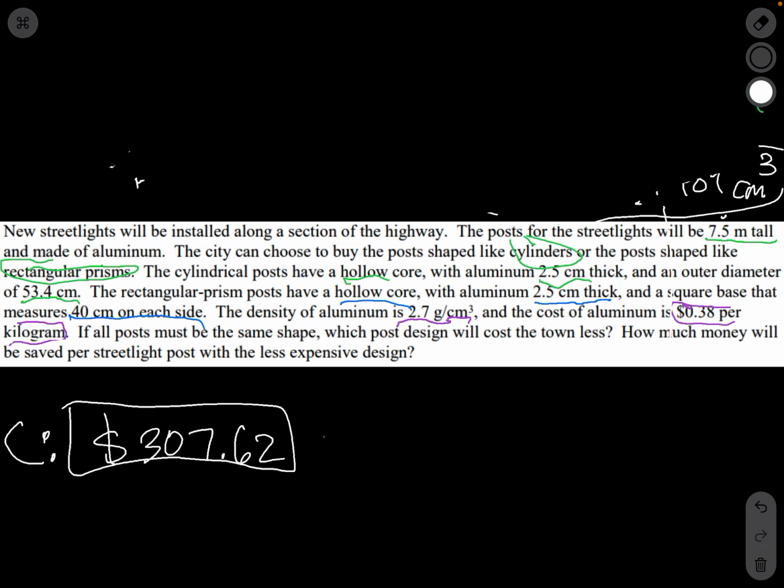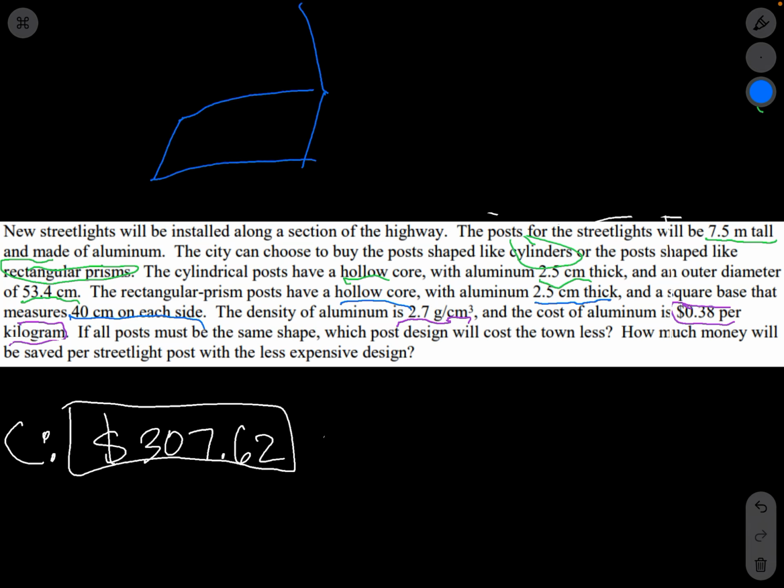Okay, now for the rectangular prism. I'll do this in blue. The rectangular prism is supposed to also have a hollow core. So let's draw a rectangular prism first. It's obviously not drawn to scale.